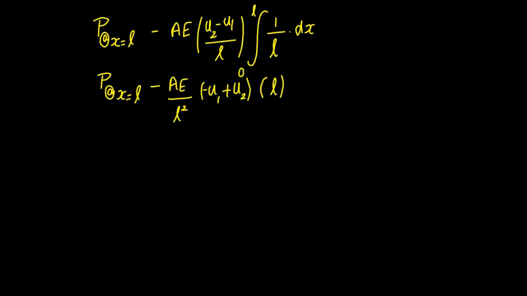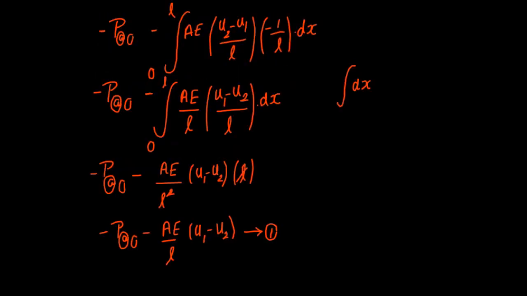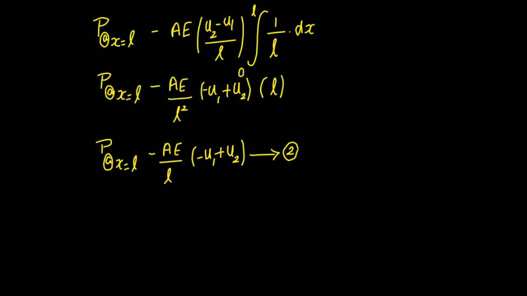So in the next step, I'll be getting the load at x is equal to L minus AE by L into (minus U1 plus U2). This is the equation I will be getting, and I can call this equation number 2. I put the first shape function and get equation 1, I put the second shape function and get equation number 2.